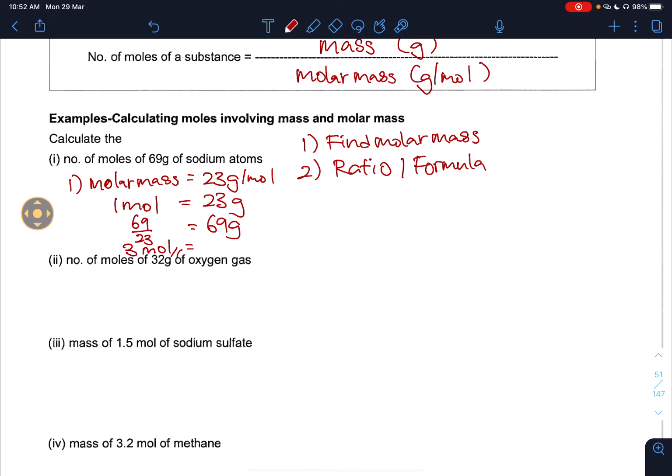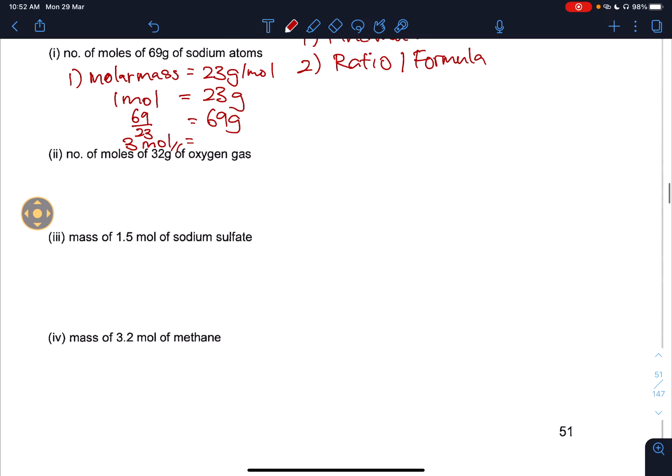Okay, let's practice the next one. Number of moles in 32 grams of oxygen gas. What's very important is for us all to think: what is the formula of oxygen gas? Pause now to think. Yes, the oxygen gas formula is O2. Please do not get tricked. Step 1, we find the molar mass of O2.